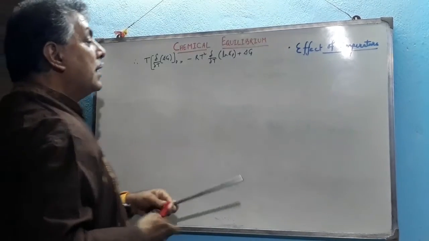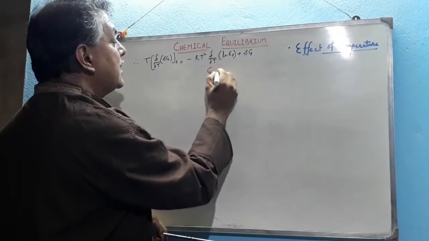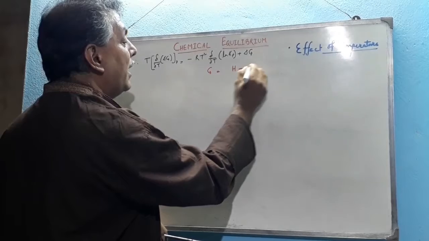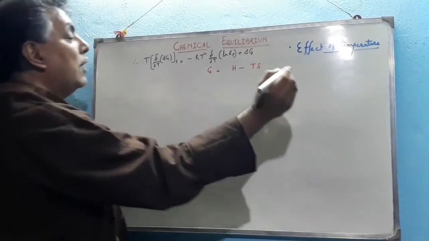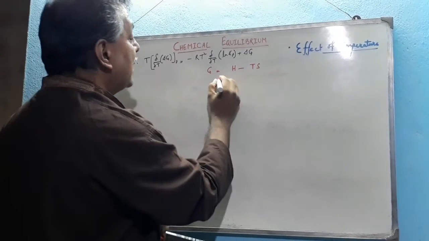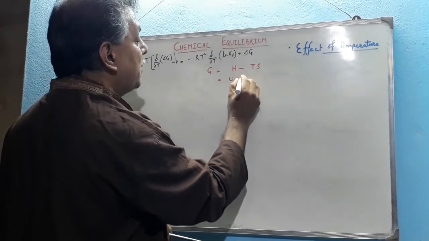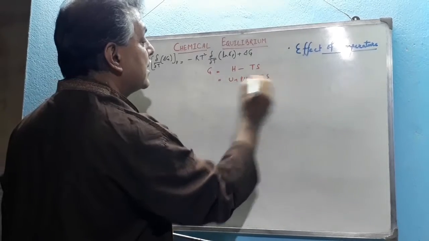Now see this, in case of Gibbs free energy, G equals H minus TS. Therefore H can be expressed as U plus PV minus TS.